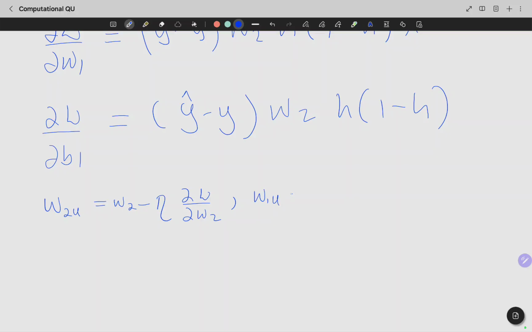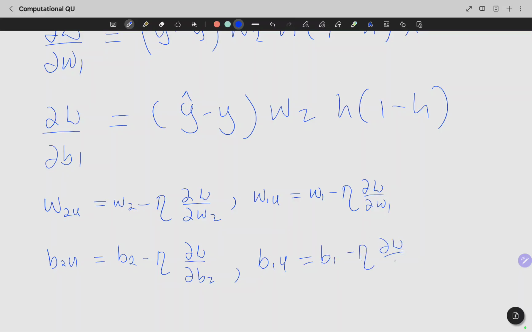W1 update is w1 minus the learning rate times dL by dw1. B2 update is b2 minus the learning rate times dL by db2. B1 update is b1 minus the learning rate times dL by db1.